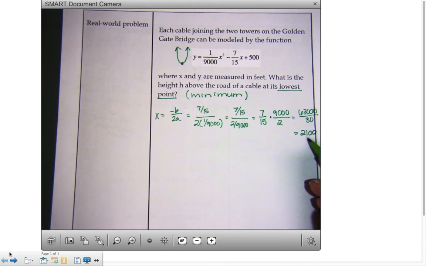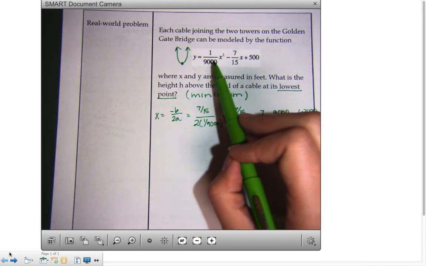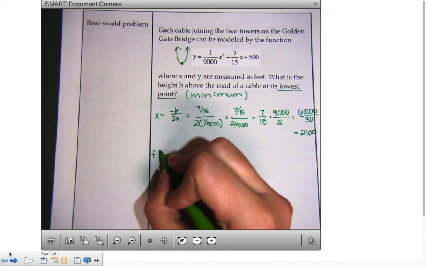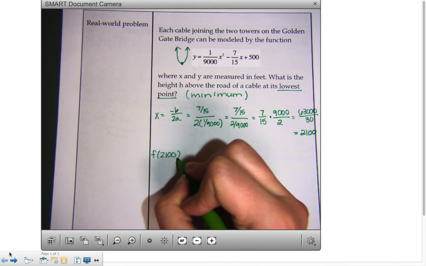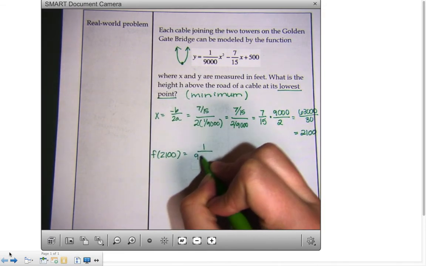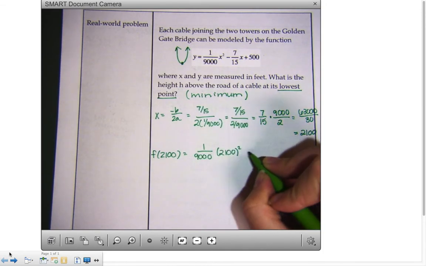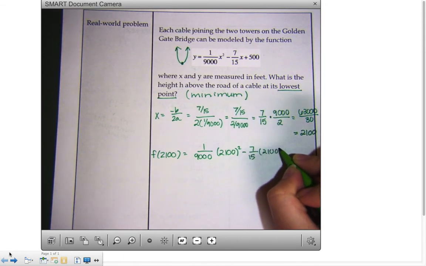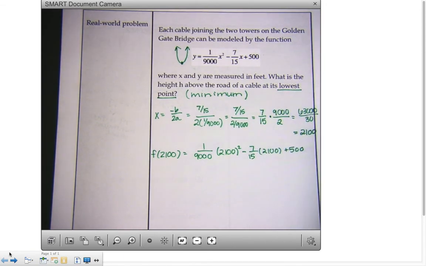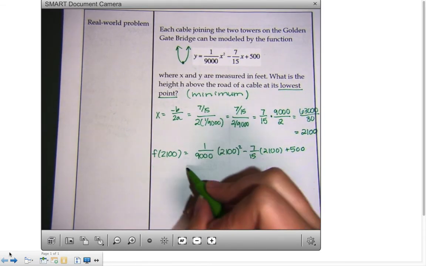That's not what I want. I need to plug 2,100 into the function. So f of 2,100 is 1/9,000 times 2,100 squared minus 7/15 times 2,100 plus 500. So I would do this part, simplify it down, you get 490.